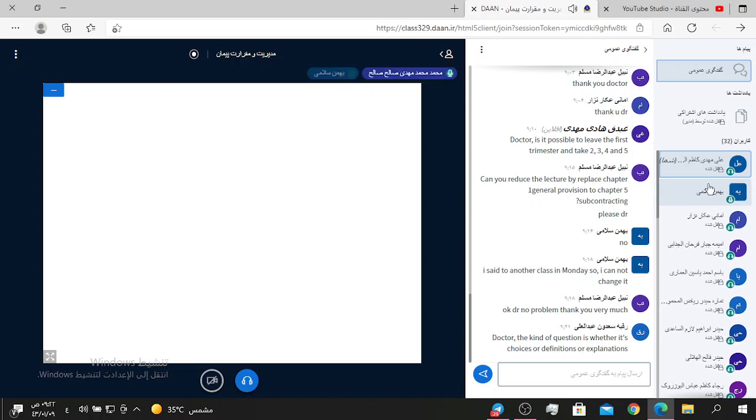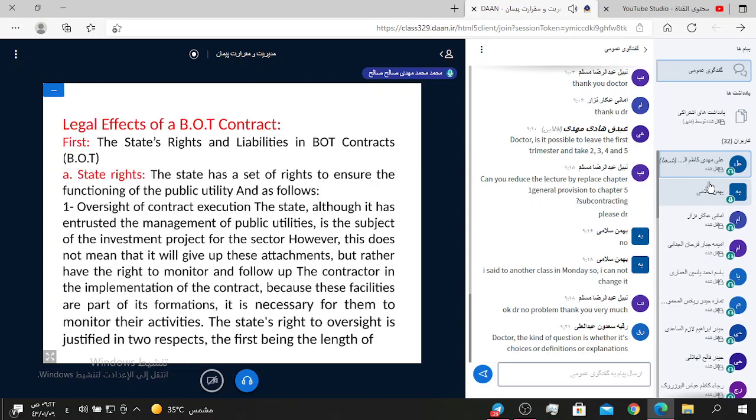Legal effects of a BOT contract. First, the state's rights and obligations in BOT contracts. The state's rights: the state has a set of rights to ensure the functioning of the public authority, as follows. Number one, oversight of contract execution.